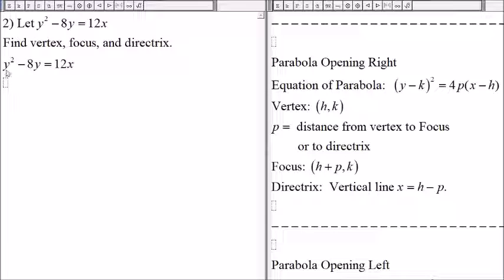And to do completing the square, half of negative 8 is negative 4. And negative 4 squared is 16. And then what we're going to do with this 16 is add it to both sides. And that's how we do completing the square.